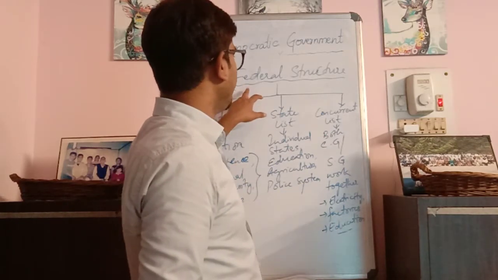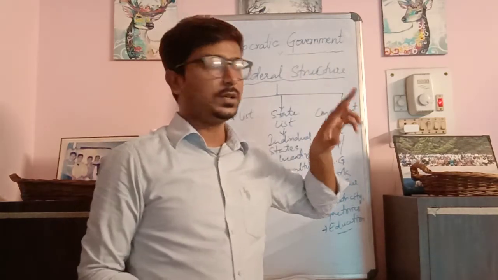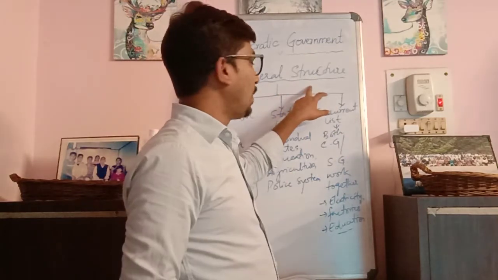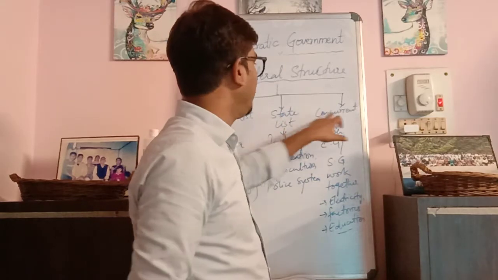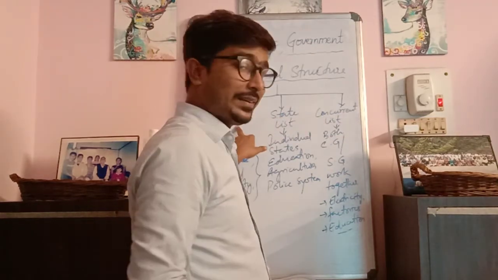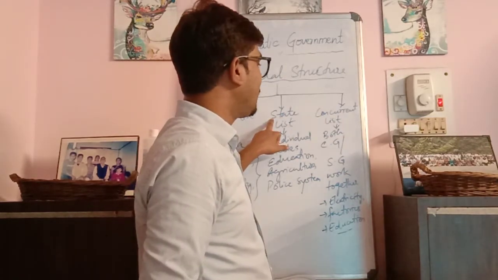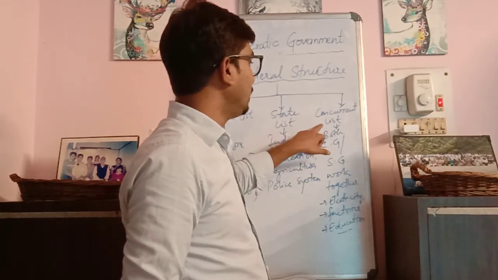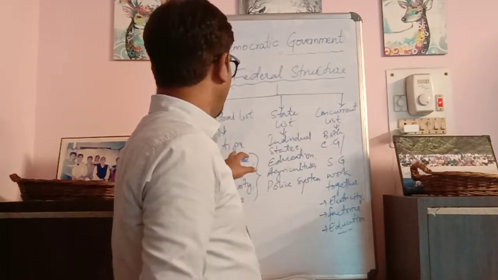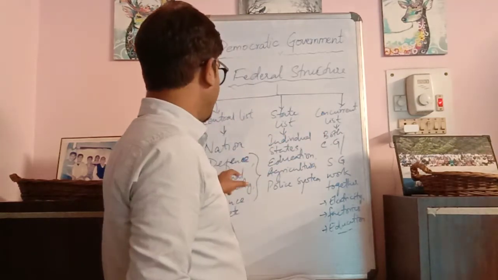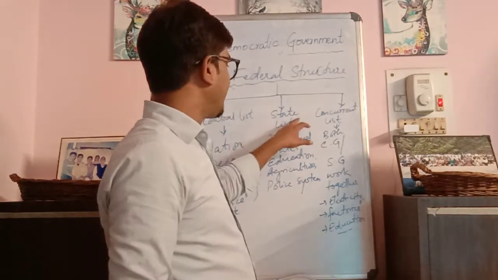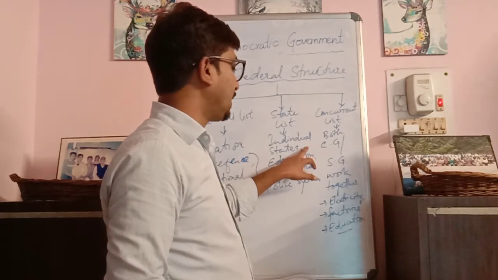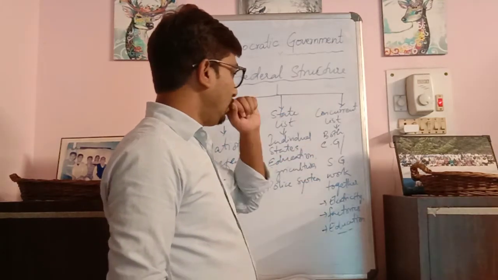Now, as we have discussed here, federal structure means the powers are divided into three important parts. One is the central list, then the state list, and the concurrent list. The central list covers all the matters which are related to the nation. Then the state list covers all the matters which are related to the individual states.